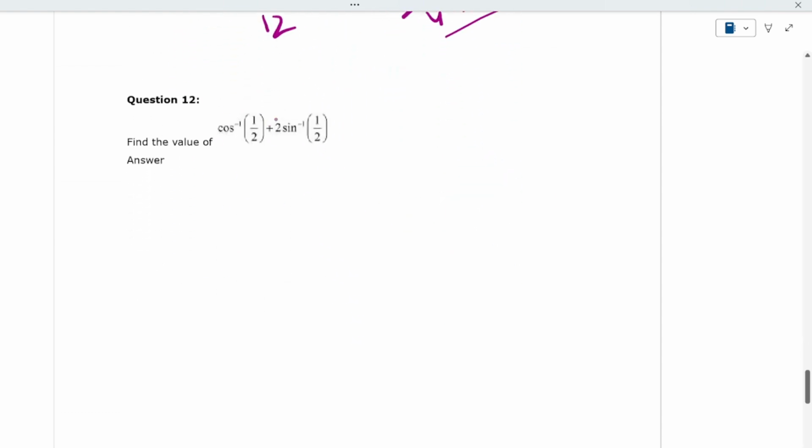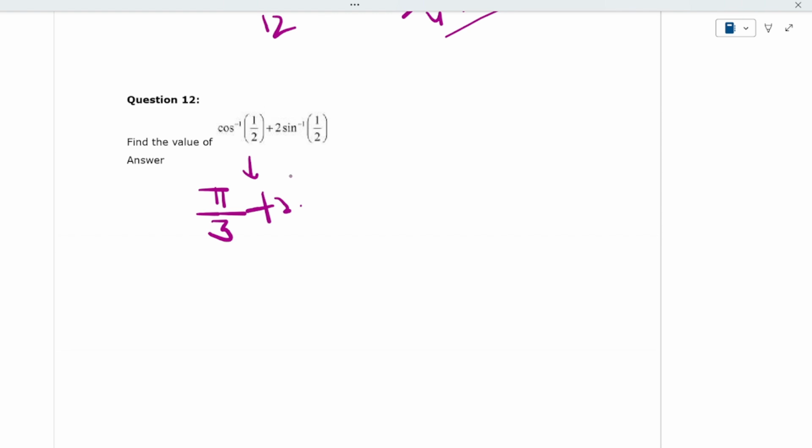Here also the same way, you have to just multiply by 2 here. The value for this would be pi divided by 3, plus pi divided by 3, plus 2 into sine inverse of 1 by 2, right?